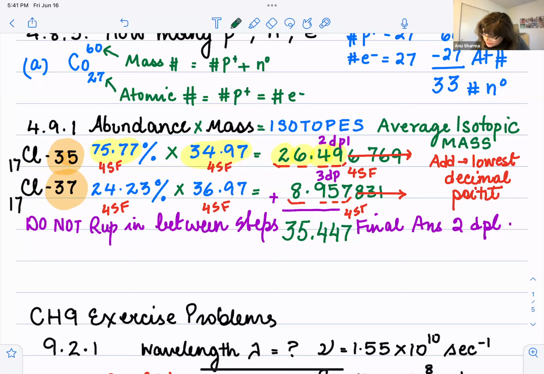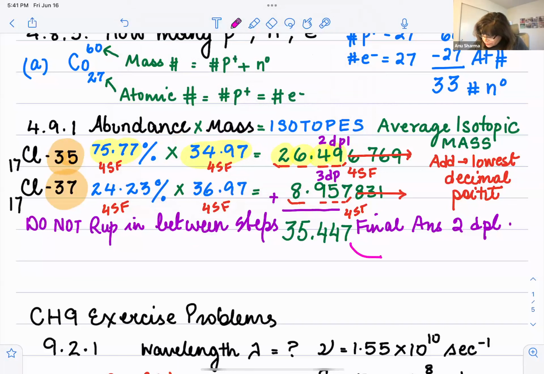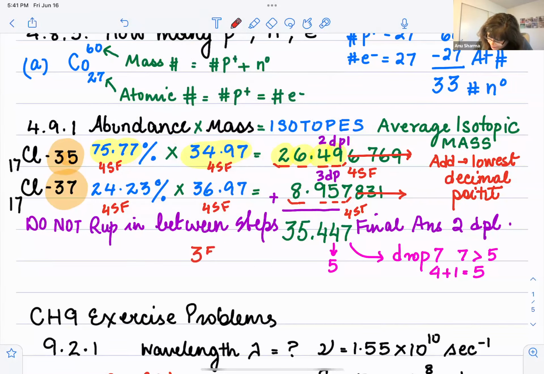But the final answer should only have 2 decimal places. So we're going to drop the 7. But 7 is more than 5, therefore the 4 gets 1 more added and becomes 5. So this is going to round up. So now your final answer is 35.45 atomic mass units. That's the mass of chlorine that you see in the periodic table.